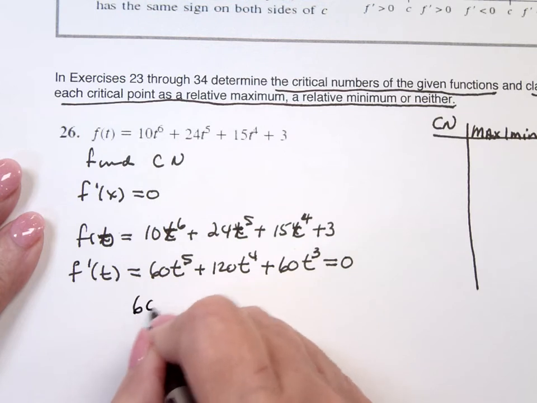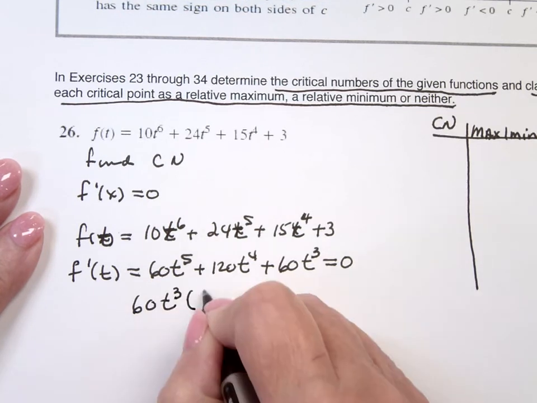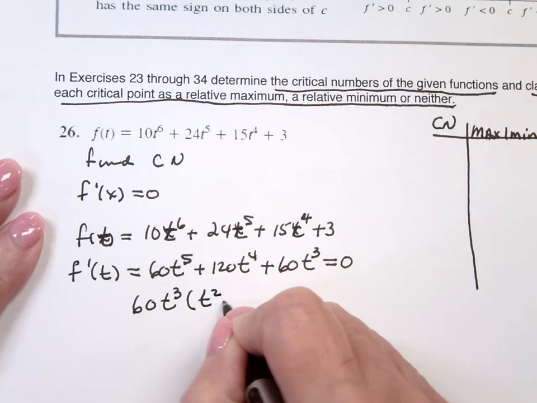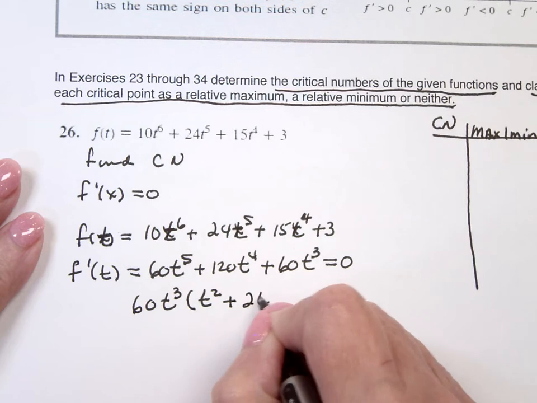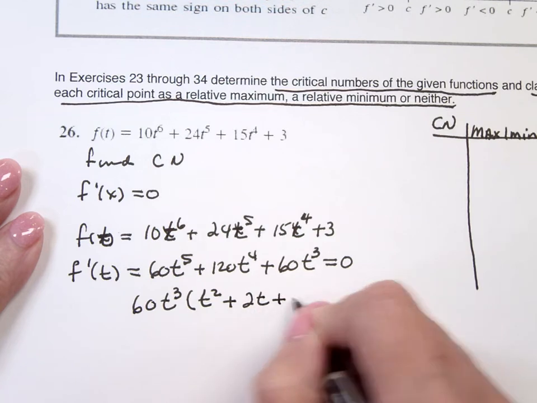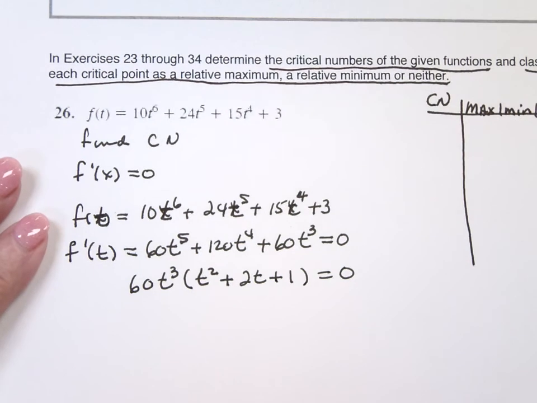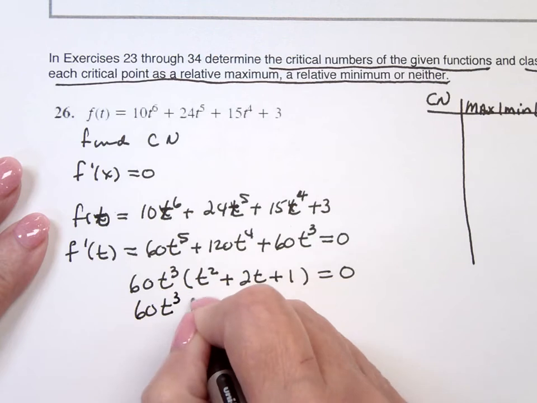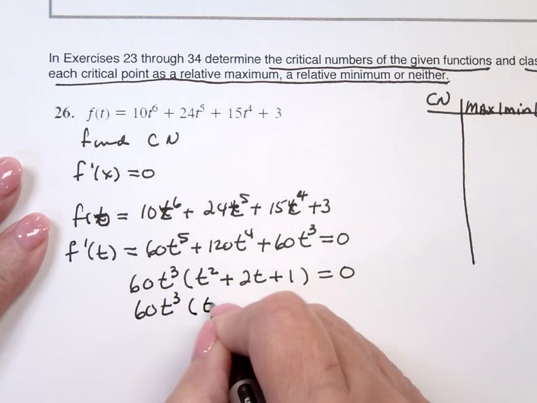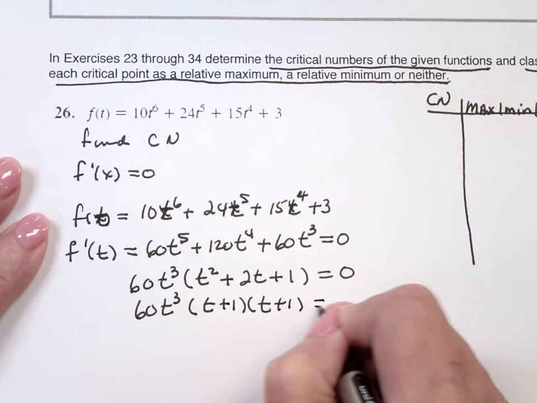I've got a greatest common factor of 60t cubed. This gives me t squared plus 2t plus 1 equals 0. 60t cubed times t plus 1 times t plus 1 equals 0.